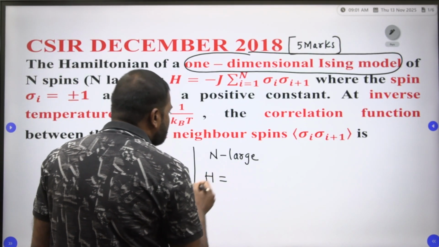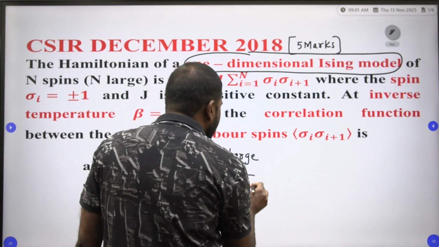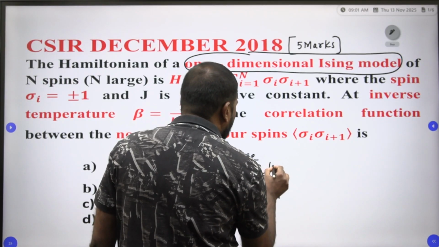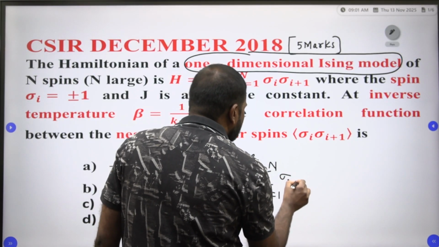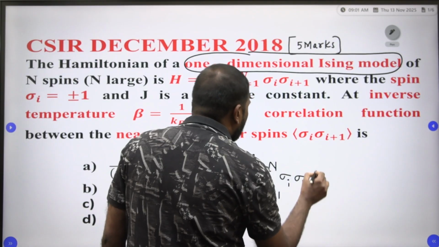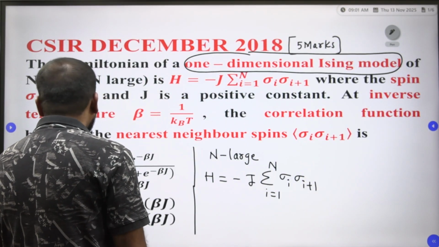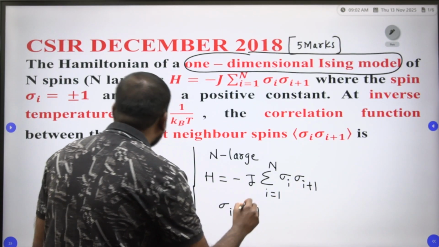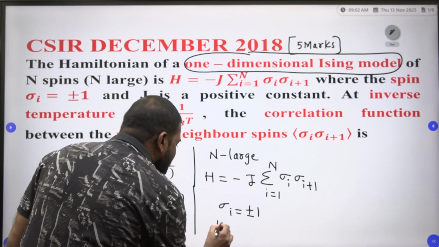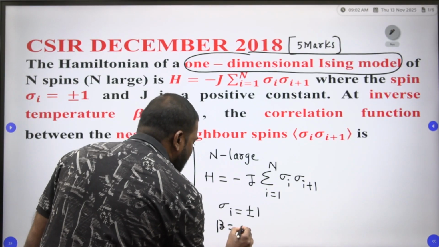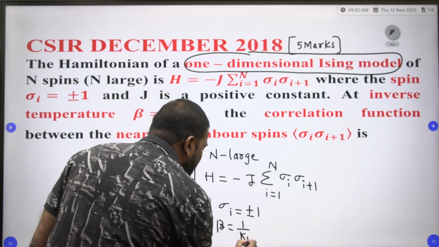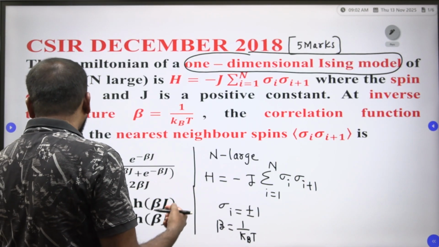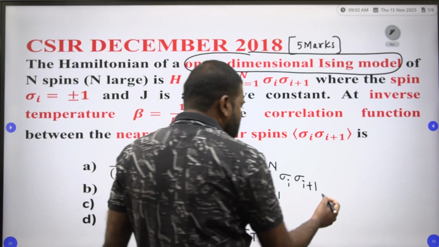The interaction energy is H equal to minus J summation i equal to 1 to n of sigma i sigma i plus 1, where the spins sigma i equal to plus or minus 1. Beta is the reciprocal of the temperature, 1 by k_B T. They are asking for the correlation function between the nearest neighboring spins.